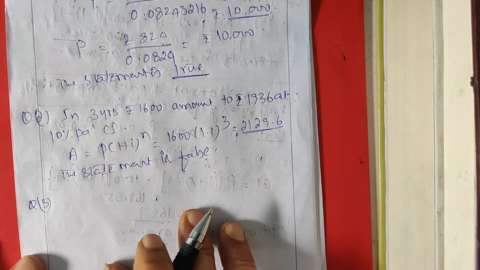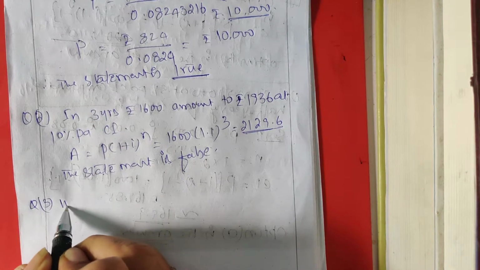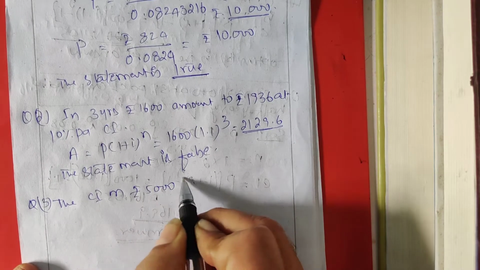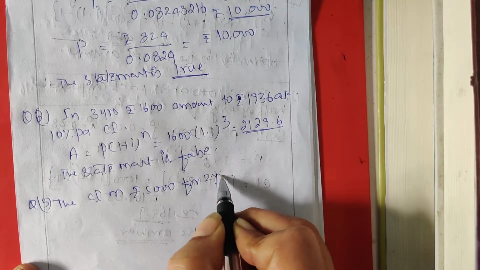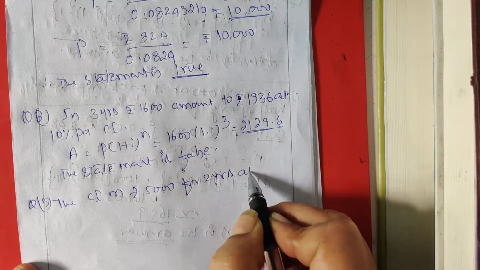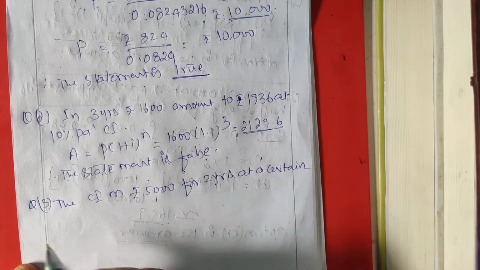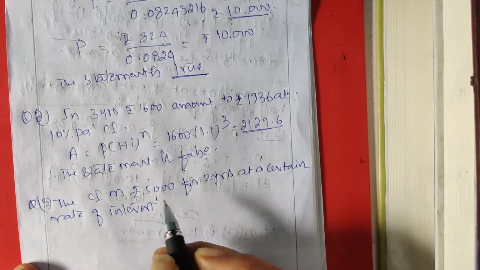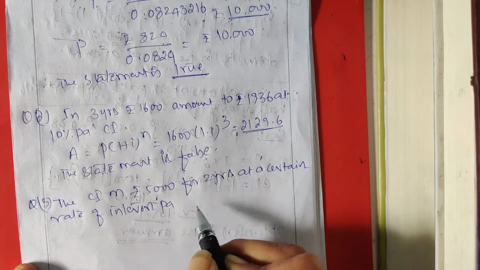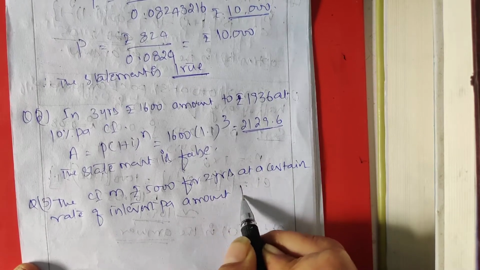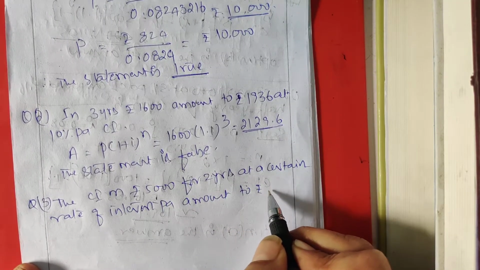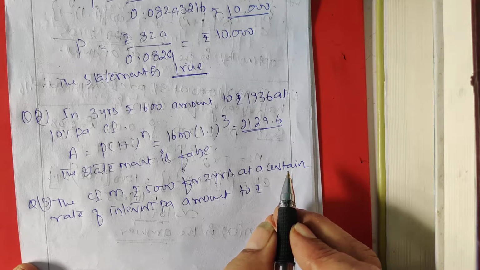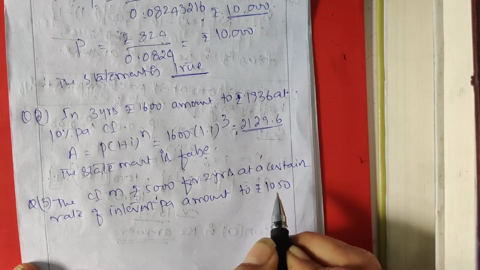Question number 3. The compound interest on rupees 5000 for 2 years at a certain rate of interest per annum amounts to rupees 1050.